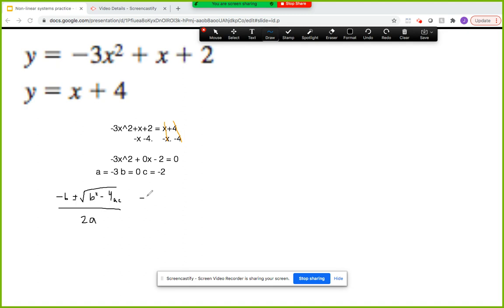I have negative 0 plus or minus the square root of 0 squared minus 4 times a is negative 3, and then c is negative 2, all over 2 times negative 3.